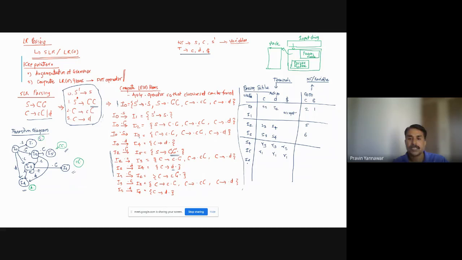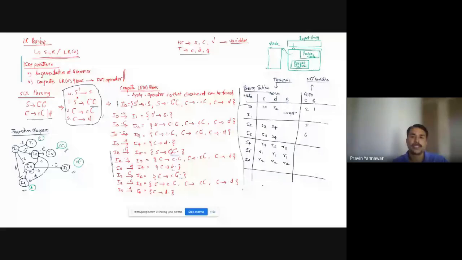Now with I6, why are we writing into the terminal symbols? Because we produced all terminals using this derivation, right? So this is for the reduction purpose. Now if you look at I6, you'll find that this is C dot, and C dot means R2 comes into the picture. So this is reduction by using 2. Right, so this is the completion of the parsing.